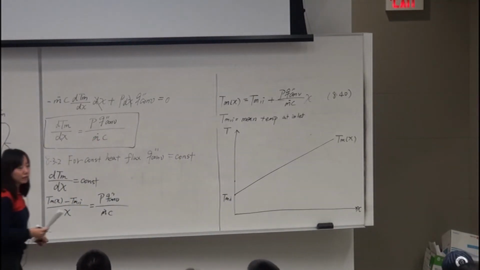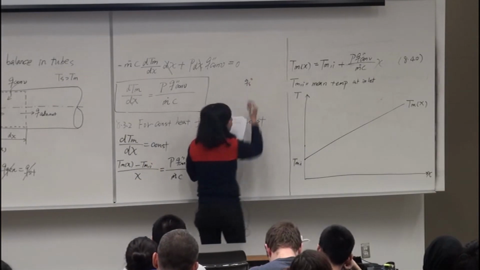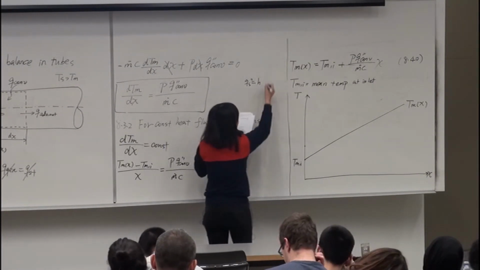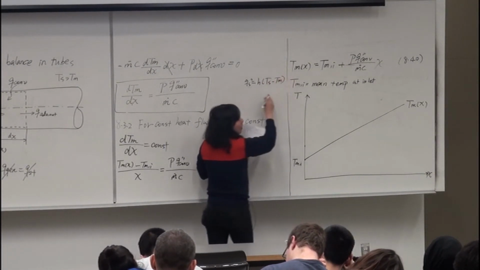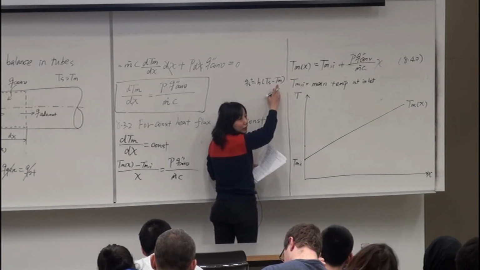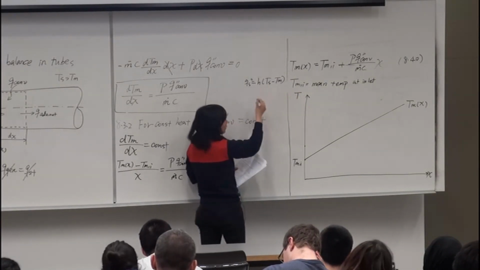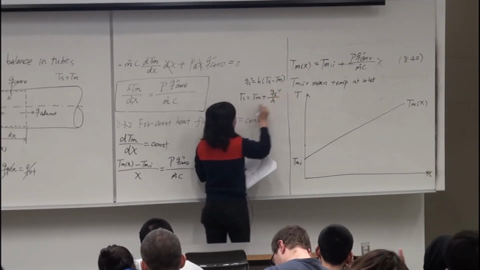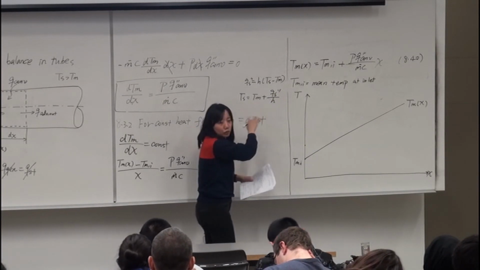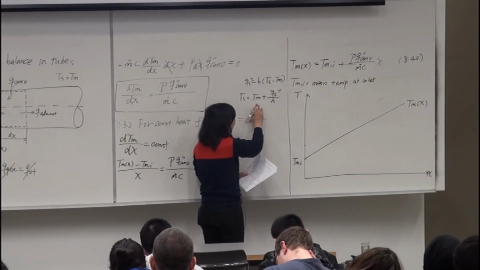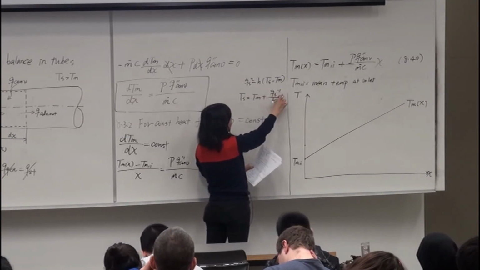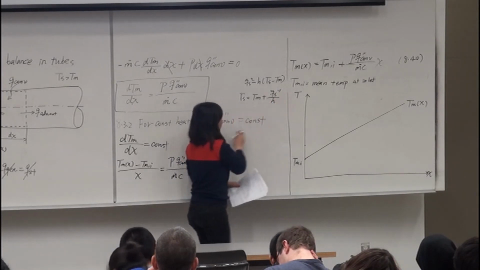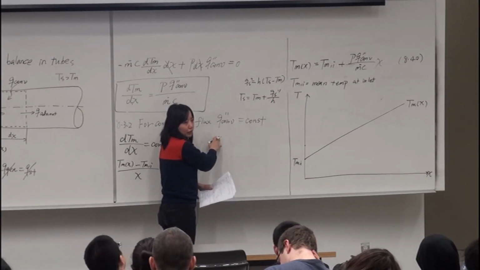We know the convective heat flux is h times the temperature difference. With a little bit of math, the surface temperature is simply the mean temperature of the fluid inside plus the ratio of convective heat flux over h. Don't write this down, that just helps you understand. The heat flux is constant because we assume the convective heat flux is constant.